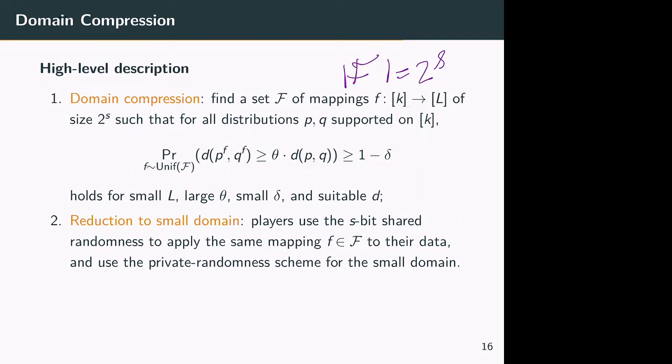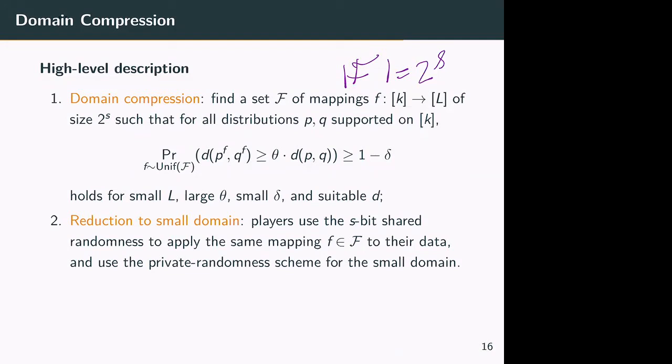This is almost like a flavor of Johnson-Lindenstrauss, except the points are now distributions and we are going to look at the induced distributions. So what we want is for L to be as small as possible, so you can map to a small domain. We want theta to be large, so distributions should be far apart as much as possible. We want this to succeed with high probability, so delta should be small, for a suitable notion of distance.